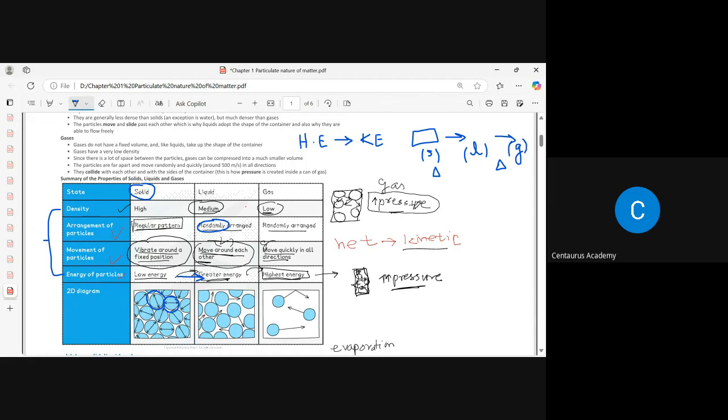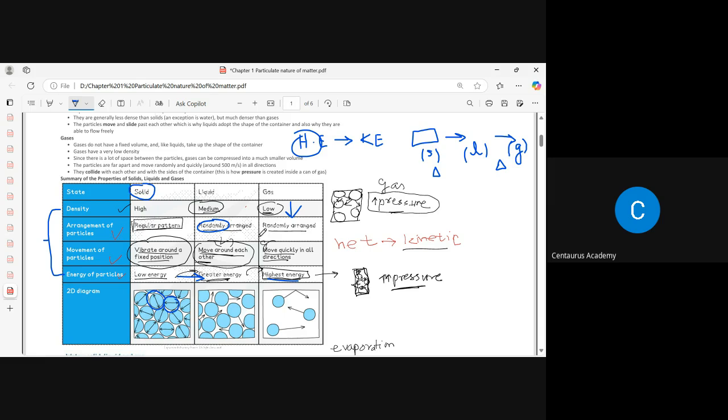As a result, it is going to convert into the gaseous state. And that is again because of further gaining of heat energy, which will be converted into kinetic energy of the particles. As a result, they will be moving randomly and very quickly in all directions. And they will have the highest energy. As a result, their density is also going to decrease. They will have a random arrangement.